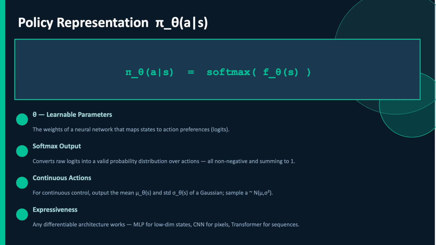For more complex action distributions, multimodal distributions for example, you can use normalizing flows or mixture density networks. The key constraint is that the distribution must be differentiable with respect to theta, which softmax and Gaussian both satisfy. This differentiability is what allows gradient ascent to work.